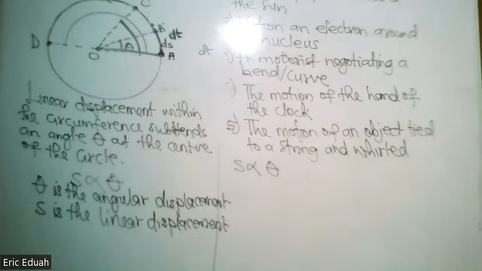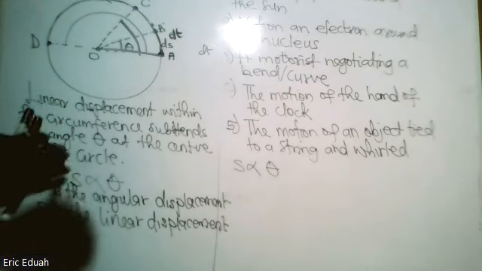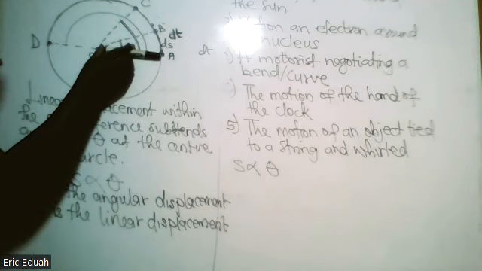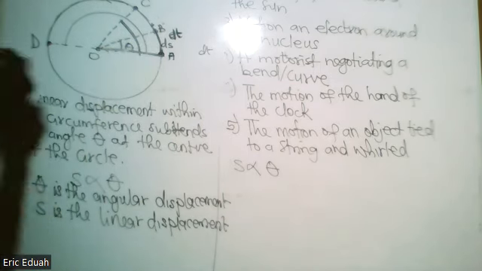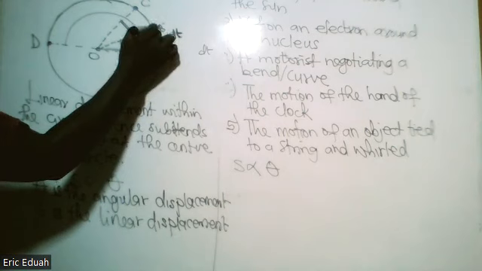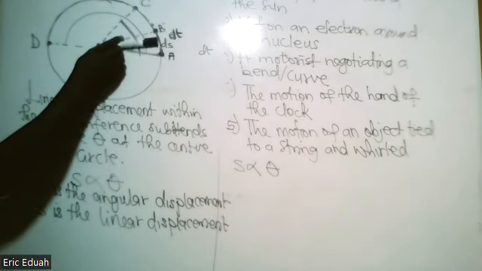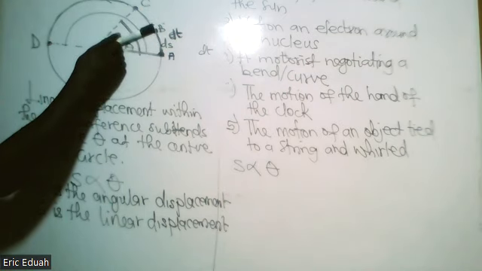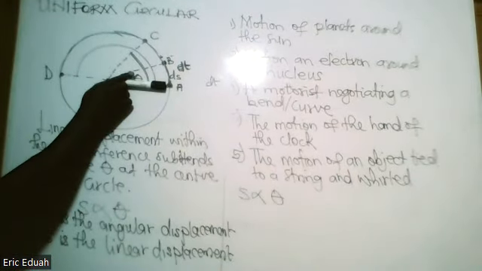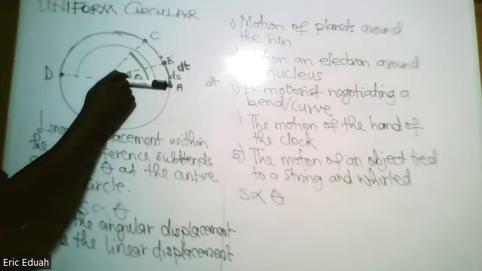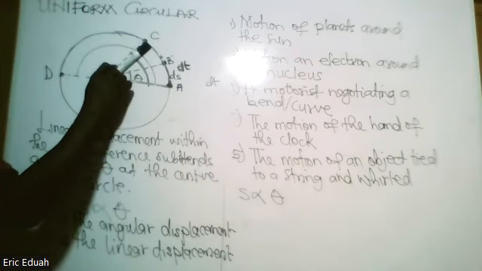Okay. When you look at it, it's always as if this radius is sweeping a certain angle. When it is moving from A to B, it's as if the radius sweeps a certain angle. When it is moving from A to C, it's like the radius of the circle sweeping a certain angle corresponding to it.